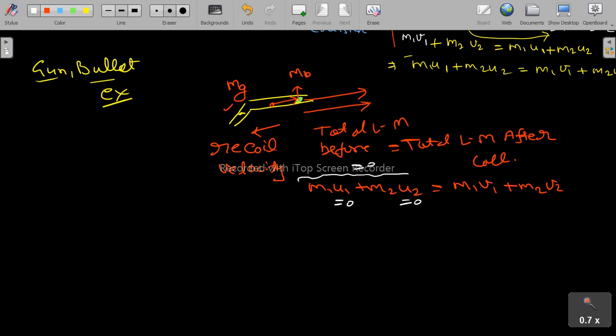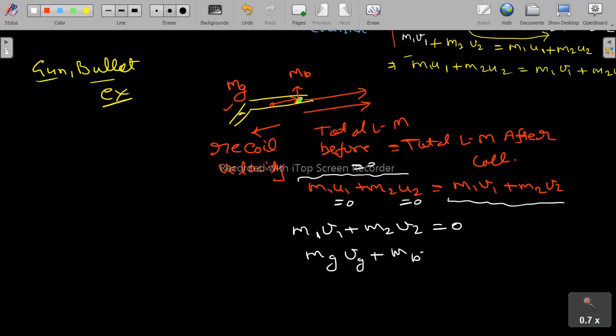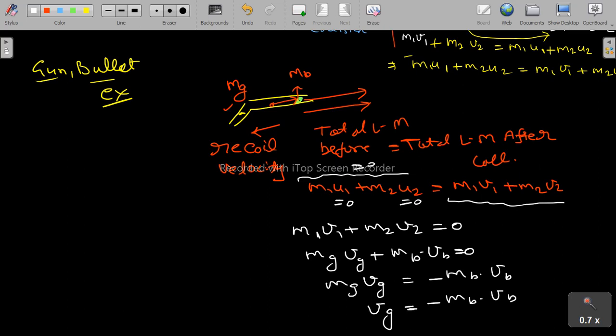So m1 v1 plus m2 v2 becomes equal to 0. Suppose m1 is mg and v1 is vg, the final velocity of the gun, and m2 is mb, the mass of the bullet, with velocity vb. Then mg vg equals minus mb vb, so the velocity of the gun is minus mb vb divided by mg.